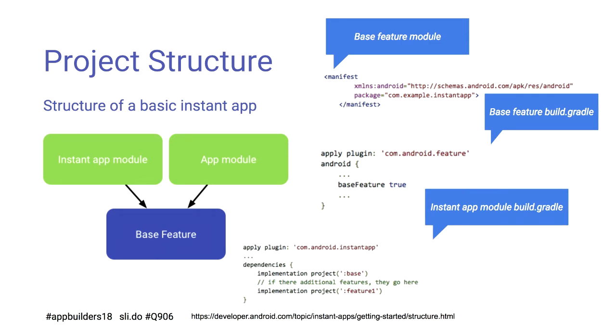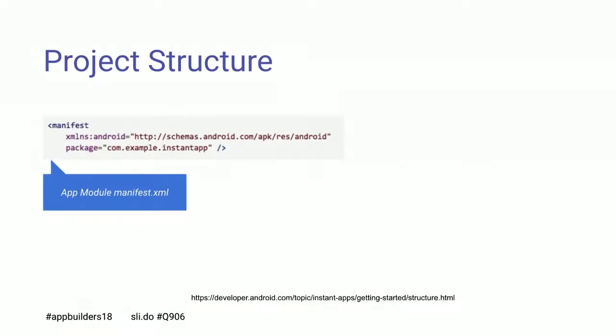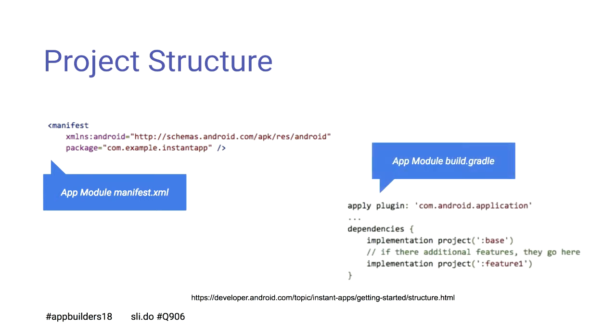You need to give your features as dependencies. If you have one feature and one base feature, it should be like this. And this is our installable application's manifest file. The package name is the same. The only thing that changes, yeah, is that it's our application, so the plugin should be application.